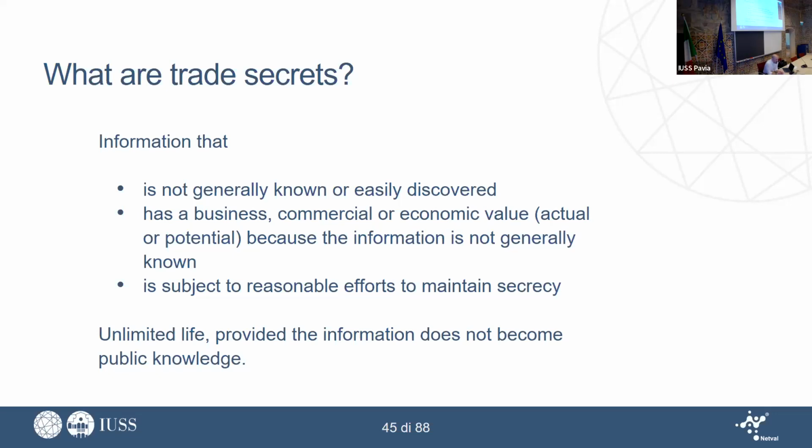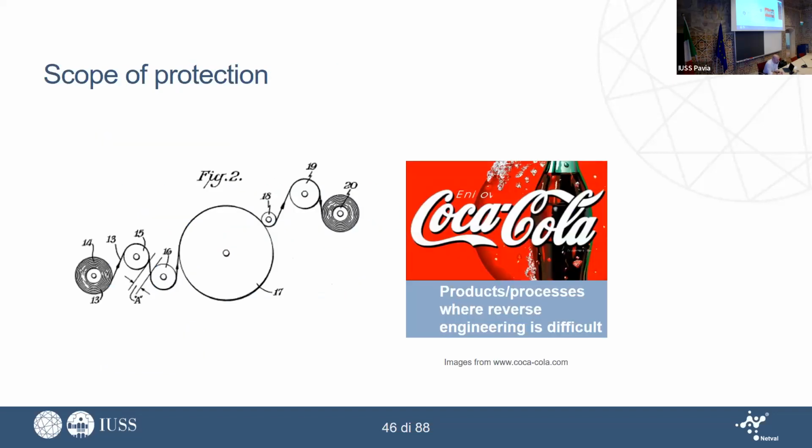Trade secrets have no period of duration. Trade secrets are valid for as long as they remain secret. So, for example, the Coca-Cola recipe is nowadays a trade secret, but the creation is in the late 19th century.